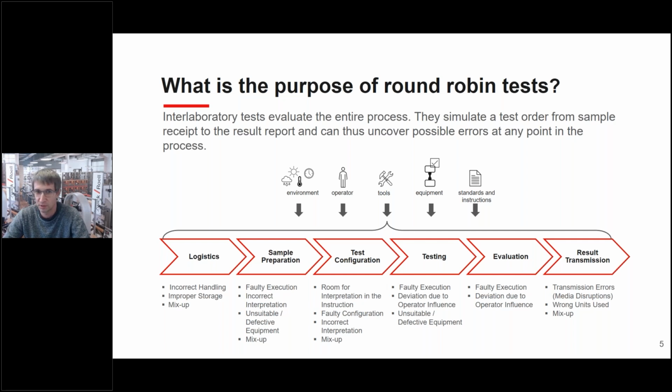You can mix up samples. You can make mistakes during test configuration, just simple typos in setting parameters, wrong configurations, misinterpretation of industry standards, which takes place very often. Then during testing, of course, a lot can go wrong, and also during evaluation.